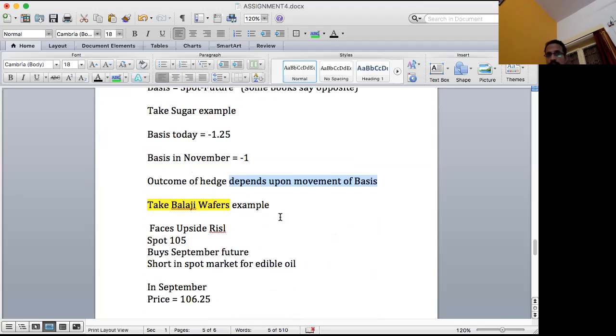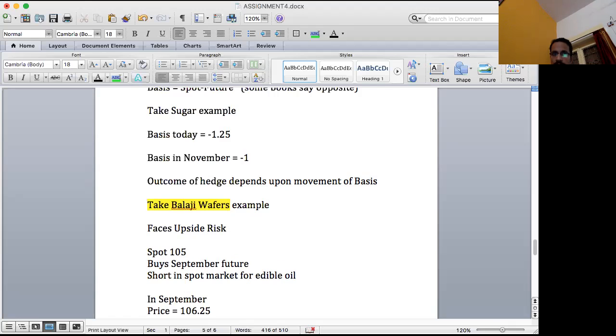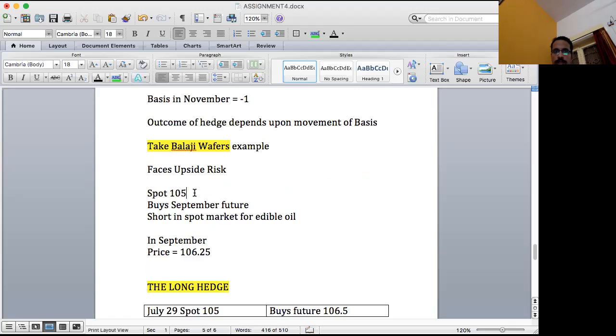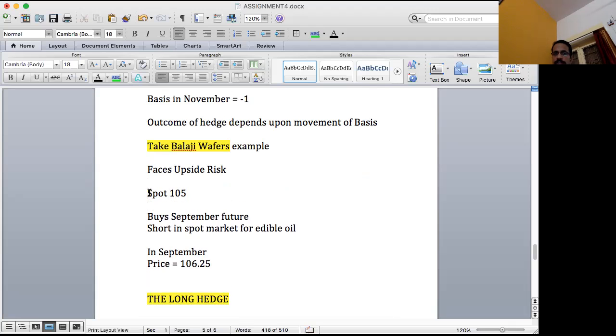Now let us take another example of a factory called Balaji Wafers, which is using edible oil as one of its raw materials. Balaji Wafers faces an upside risk because they will need oil later on, in September. The spot price today is 105.